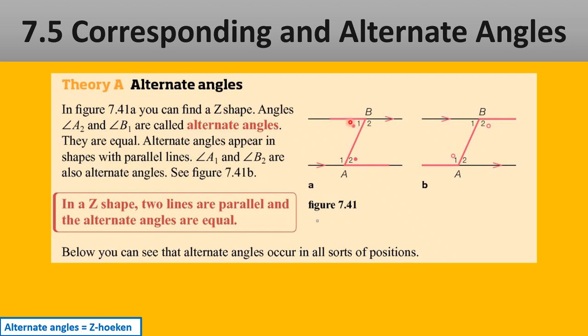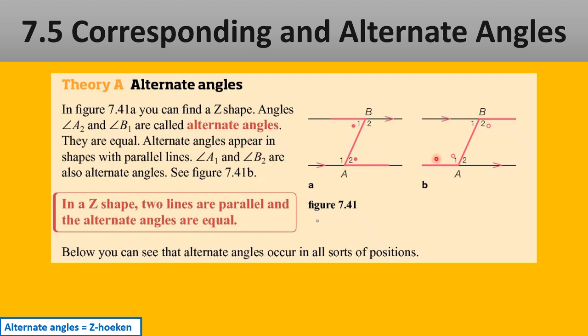Just to notice, now I've drawn the Z like this, you could say, right? The Z shape. It also goes the other way around, but now it doesn't really look like a Z anymore. But you could also say that angle A1 equals angle B2. And this kind of angles are also called alternate angles.